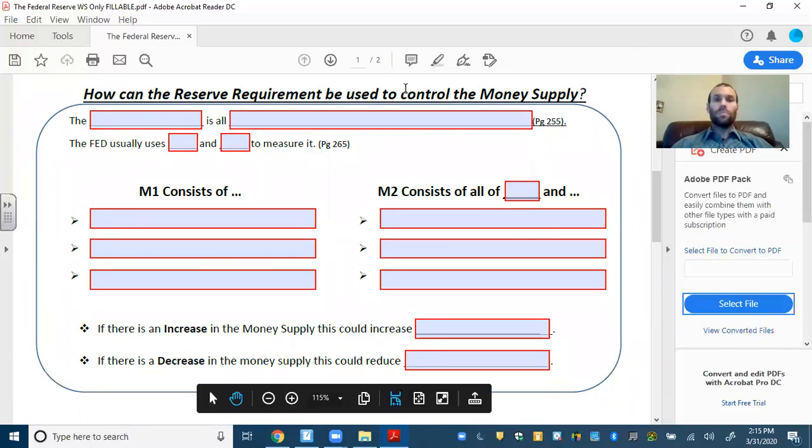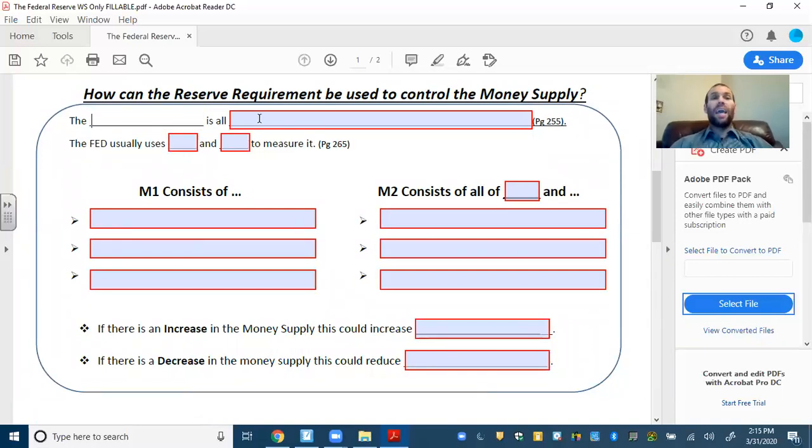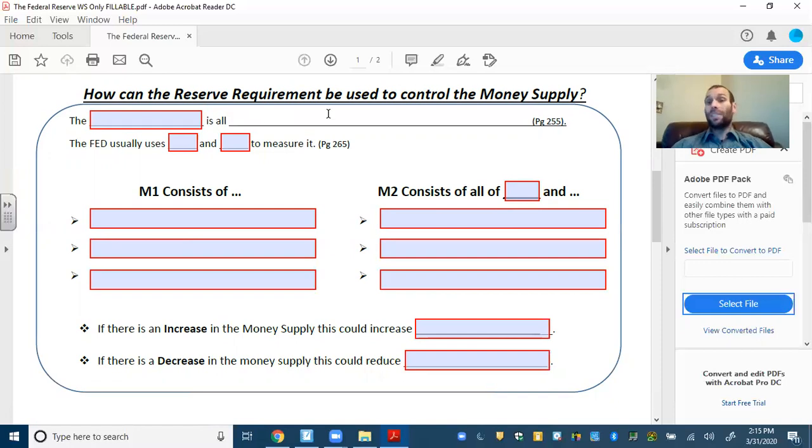So the money supply, which is what goes in right here, is all the money in the US economy. It's a very, very simple concept. It's the supply of money. So the money supply is how many dollars are in the US economy being used at any one time.